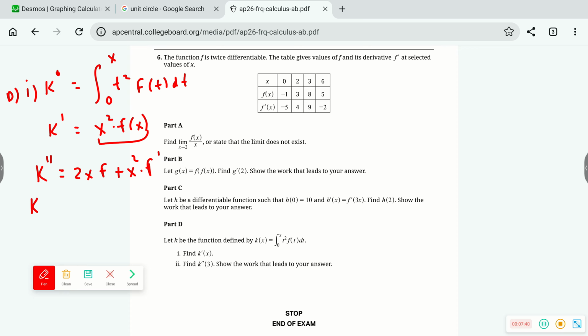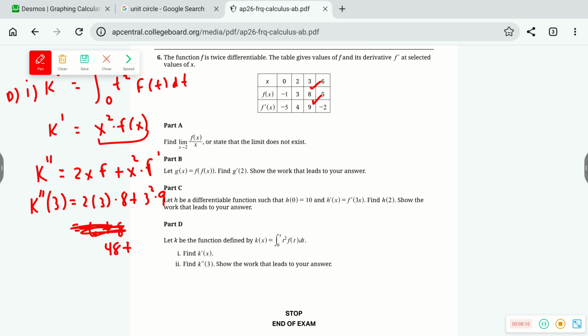If I'm evaluating that when x is 3, I get 2 times 3 times f of 3, which, again, my trusty table, is 8, plus 3 squared times f prime of 3, which is 9. Oh, no, sorry. I got lost on where my plus was. 6 times 8, so 48. 3 squared times 9 is 81. All right, so that is 129.